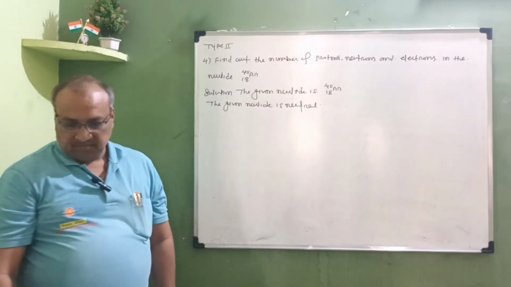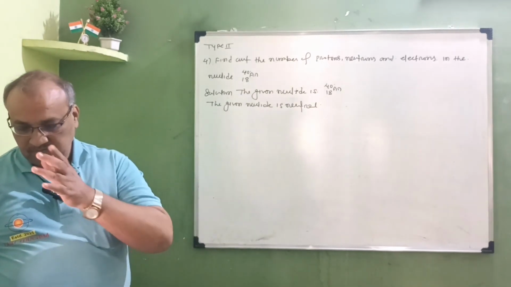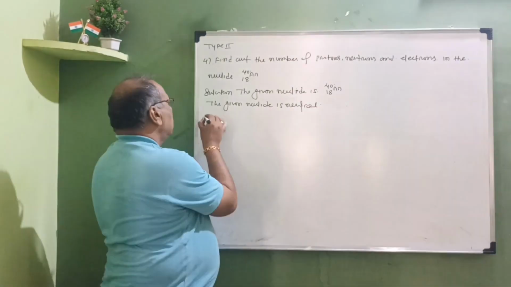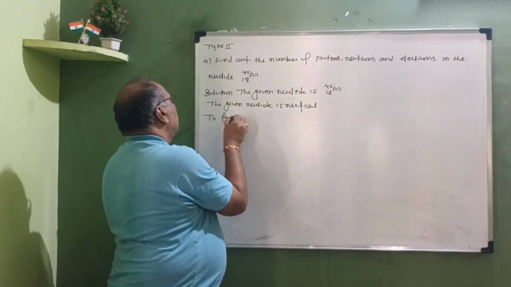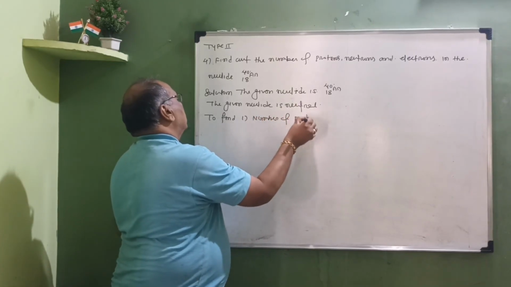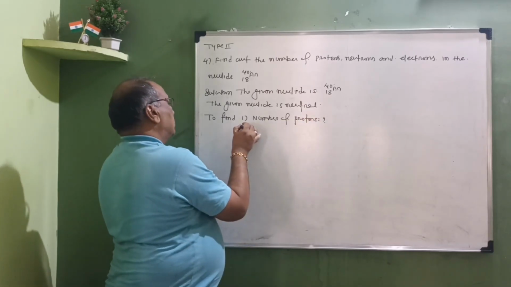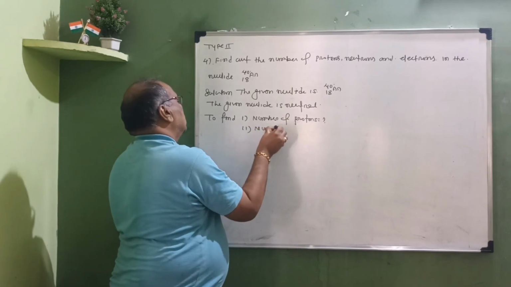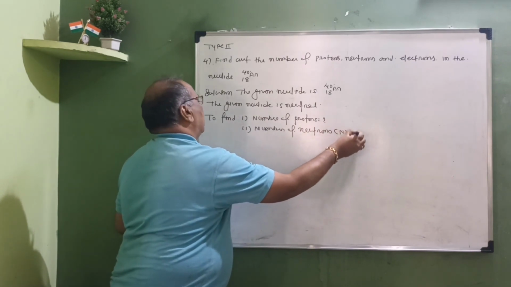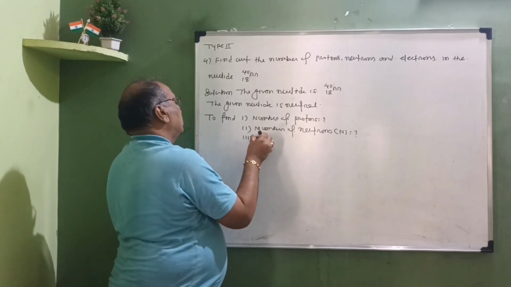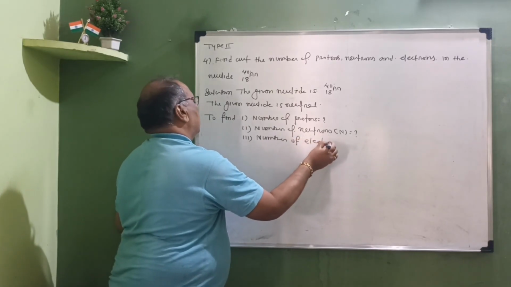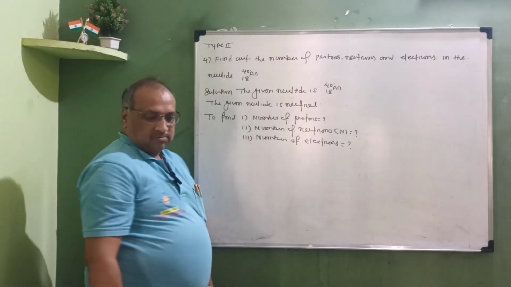Now here to find, number one, number of protons, number two, number of neutrons, and third, number of electrons. Now we write down first.